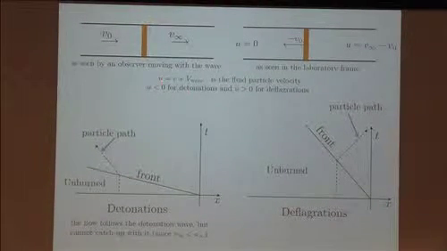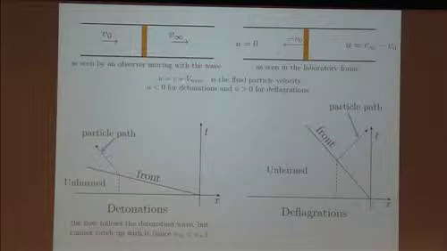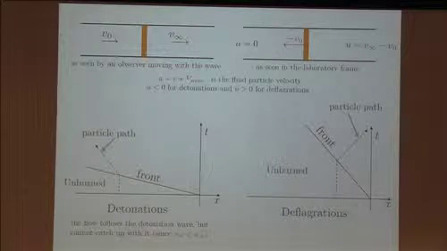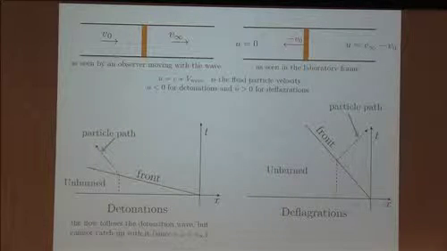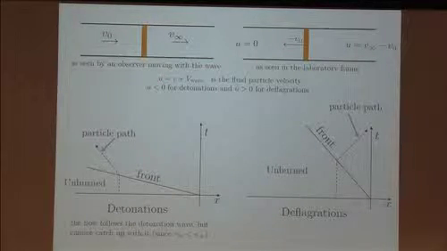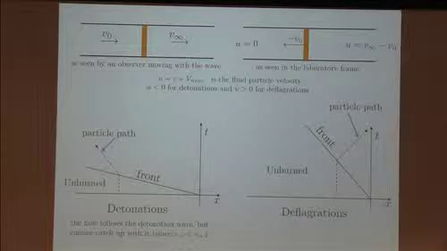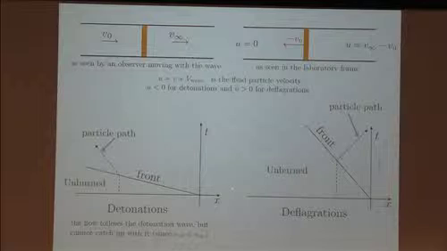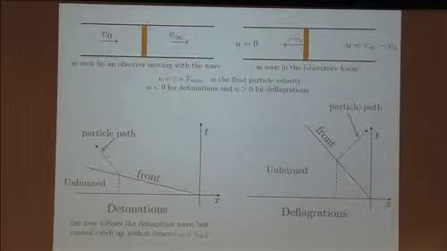The fluid particle velocity, remember, u is V minus the wave speed. The wave speed was minus V naught. So it's V minus V naught, and when V is less than V naught, which is in detonation, then u is negative. And so u negative means that the gas is moving in the negative direction, the same direction as the wave. So here is an x-t diagram.